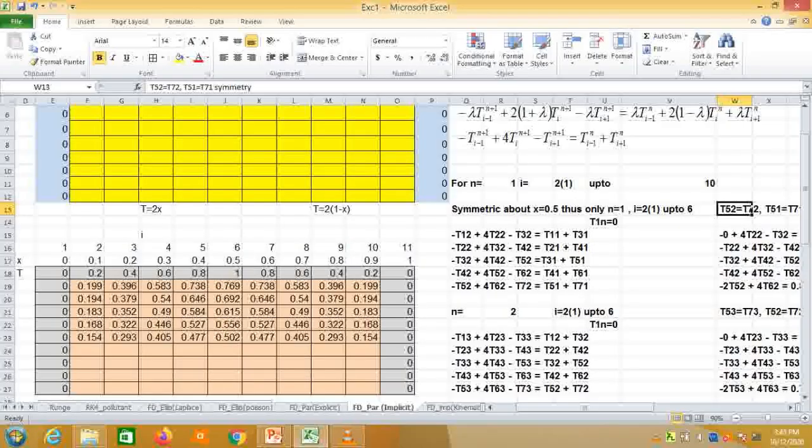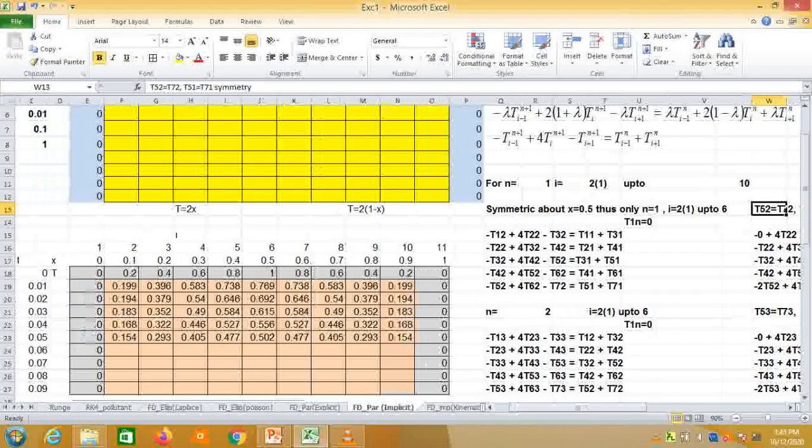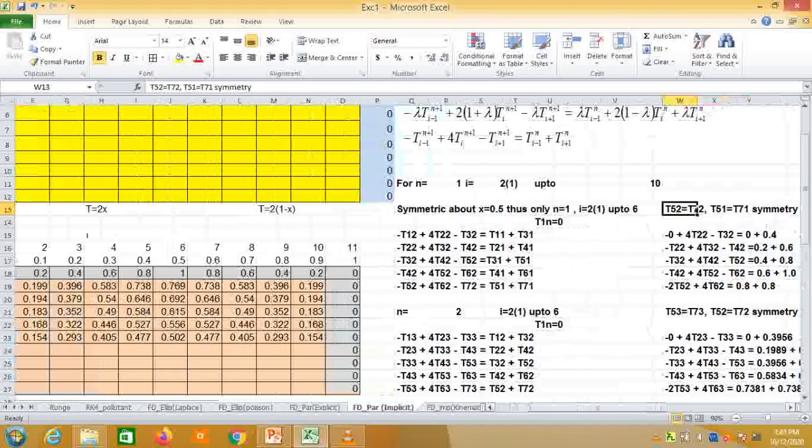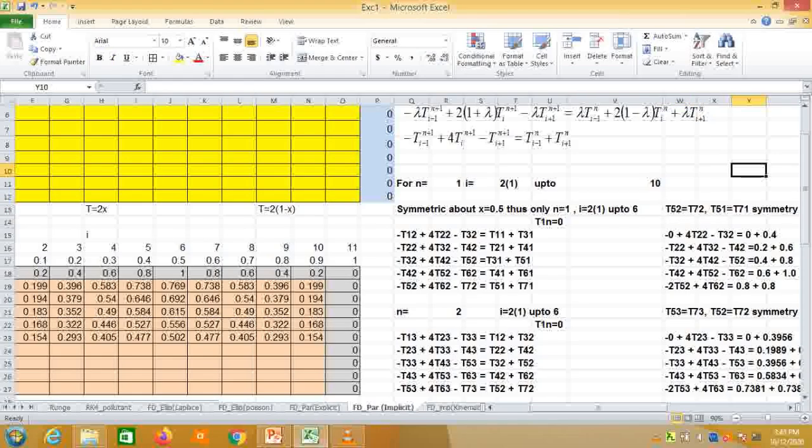T52, the 5th spatial node and the second temporal time. At the second temporal time, the 5th node and the 7th node would have the same magnitude. Basically, T51 along the first temporal time scale, the 5th node and the 7th would have the same. They are symmetric.